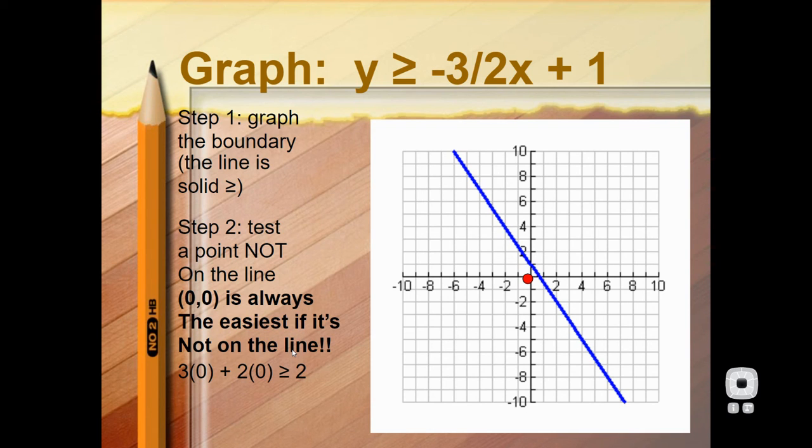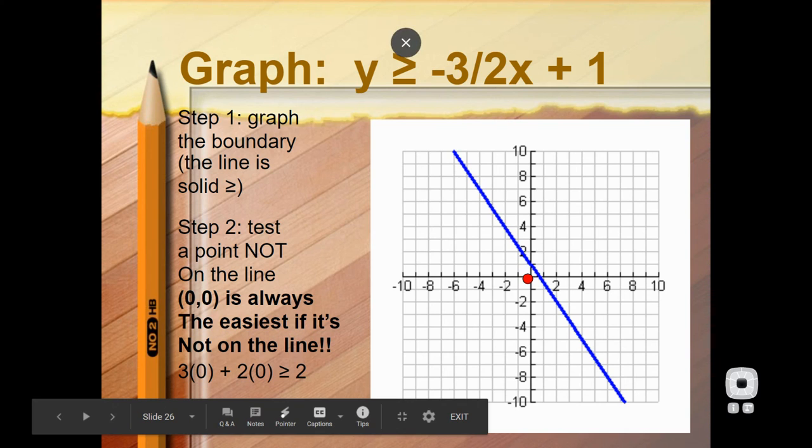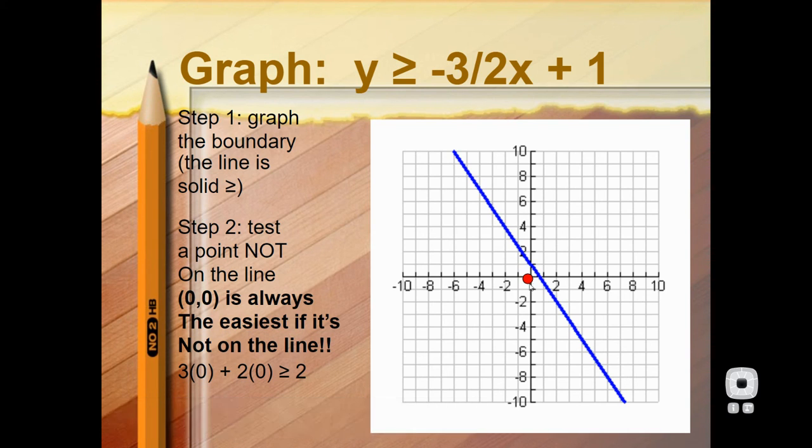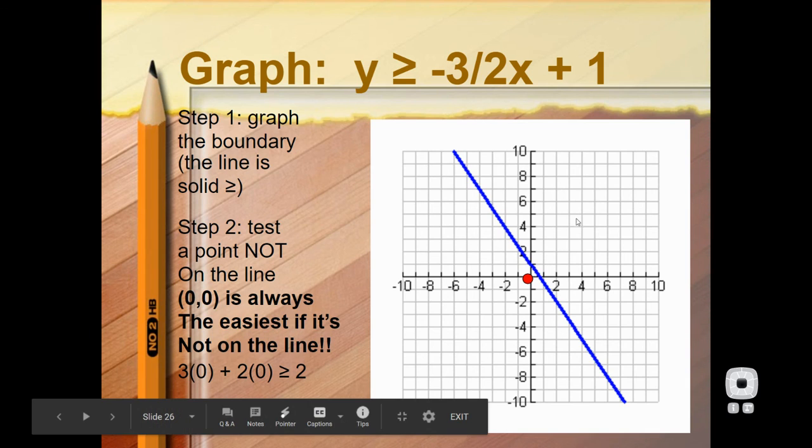For example here, if I put a 0 in for x and a 0 in for y, that's this point here, 0, 0. It's not on the line. So this becomes negative 3 over 2 times 0, which is just 0. Y is 0 as well. So is 0 greater than or equal to the one that's left? No, it's not. So I can use a test point and realize, no, I'm not going to shade this side.